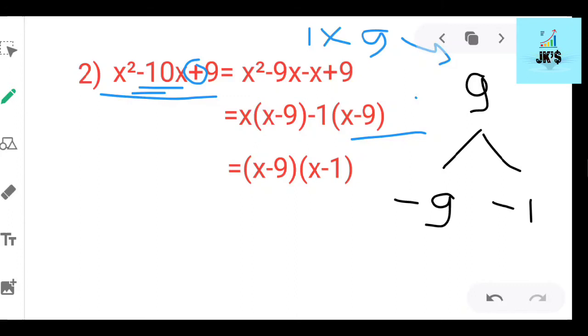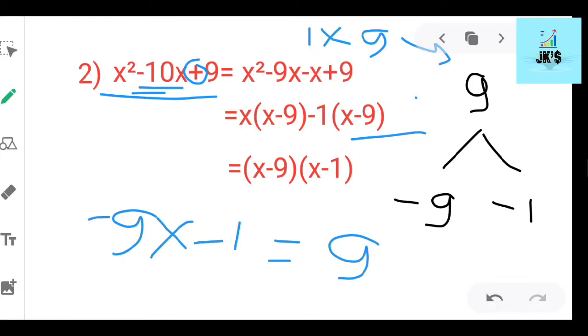So minus 9 into minus 1, that is 9, minus into minus plus. When we add minus 9 and minus 1, the signs are equal, so we add them and give their sign, that is minus 10.